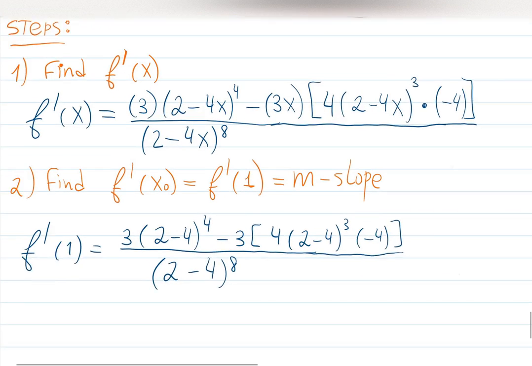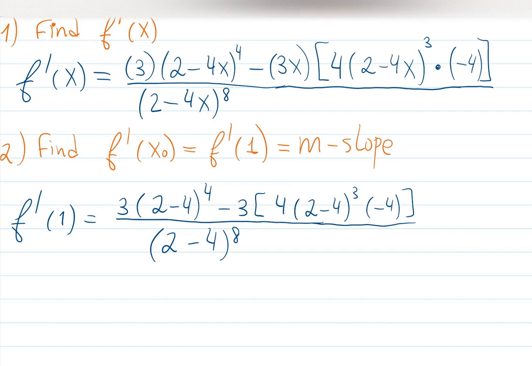Now carefully take your calculator and calculate, well, maybe some things you can calculate without the calculator. For example, 2 minus 4 is negative 2, but since we're raising it to an even exponent, it doesn't matter, and we can just think about it as 2. Same here, but be careful about this case. Here negative 2 is raised to the 3, so it's going to be negative 8.